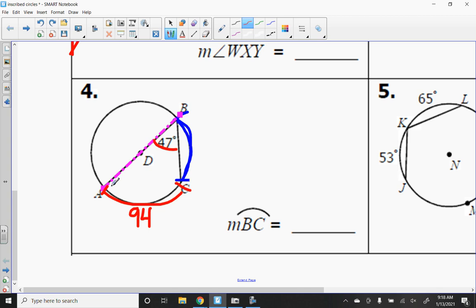And anytime you see a diameter, that's definitely telling you half circle is 180. So that means this arc is going to be 180 minus 94. So 180 minus 94, 86. The arc we need is 86. So they give you diameters for a reason.